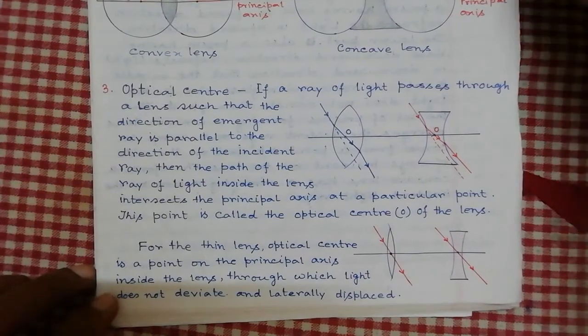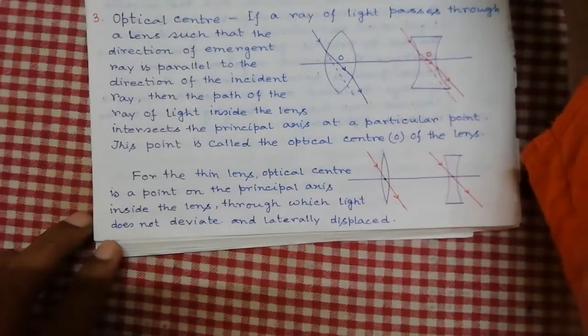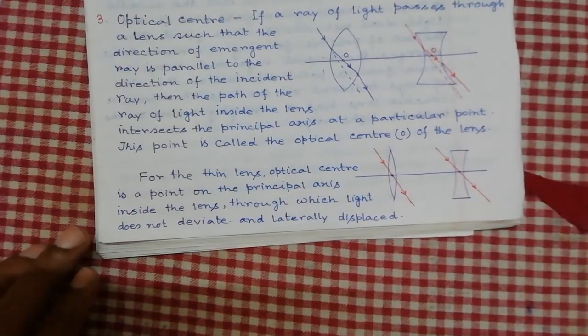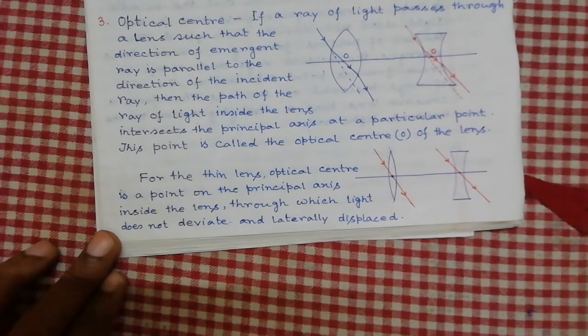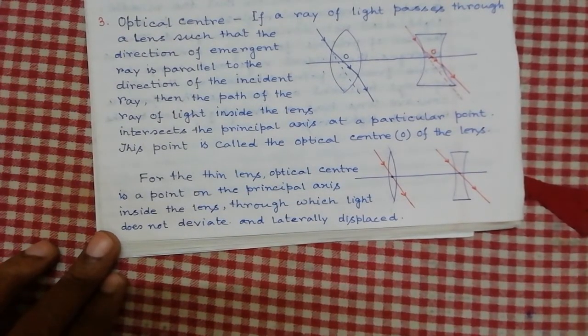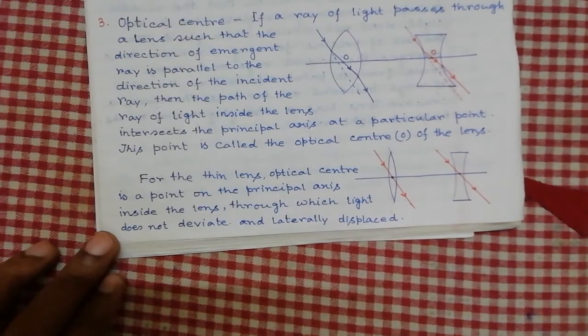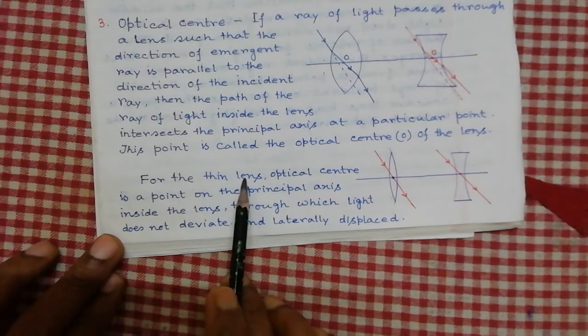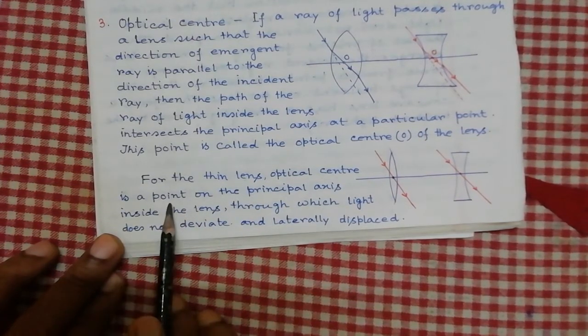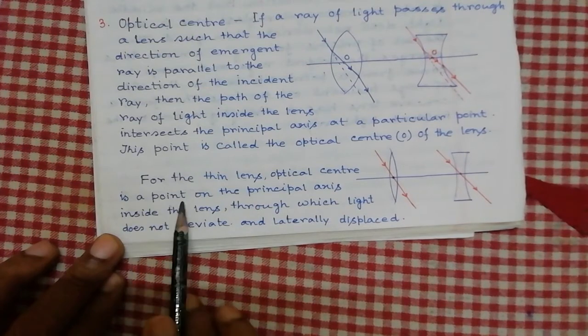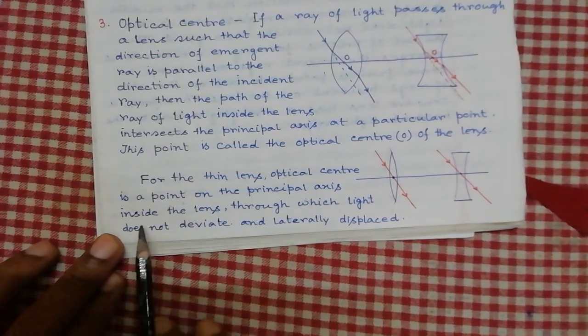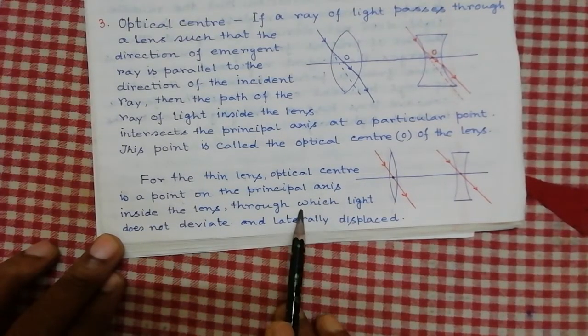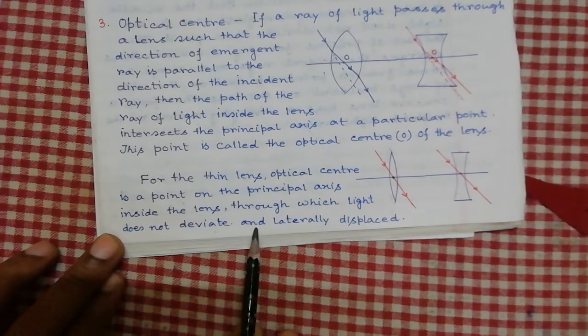Now, for a thin lens, the lens is very thin, so we consider that light does not deviate or get laterally displaced when it passes through the lens. For a thin lens, the optical center is a point on the principal axis inside the lens through which light does not deviate or get laterally displaced.